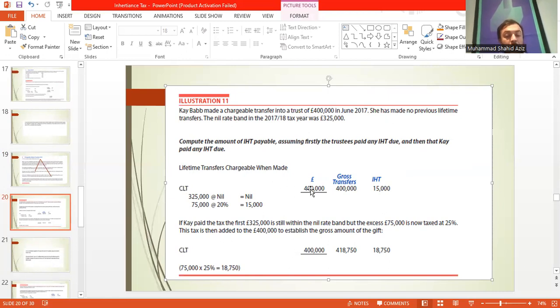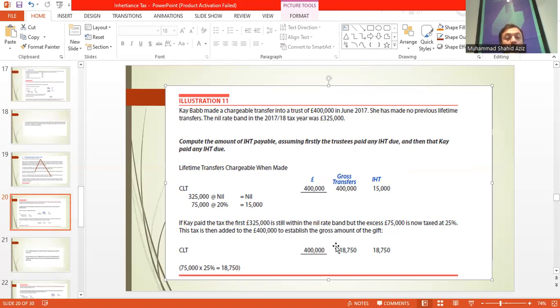And remember, this gift to a trust was made during a lifetime. But if Bob said that during his life, whatever 400,000 pounds he is transferring, he wants to pay the tax himself, then you need to multiply this 75,000 by 25% instead of 20%, and add this amount to gross up the 400,000 pounds.